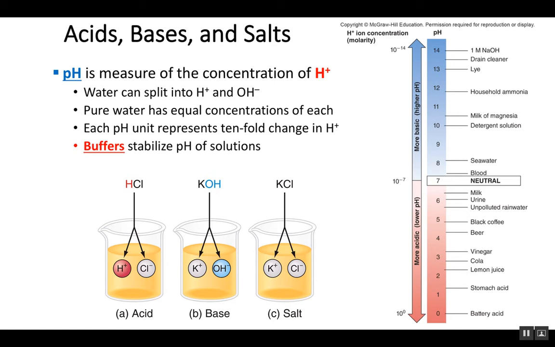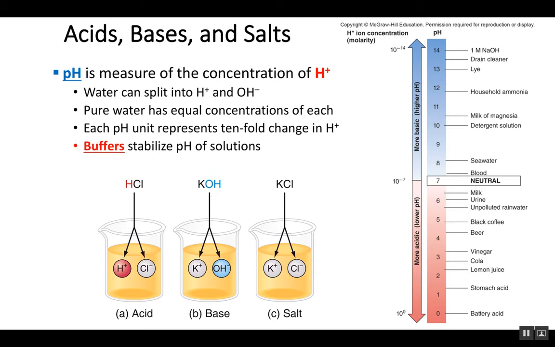If you recall, I mentioned in a previous lecture that hydrogen has two subatomic particles, an electron and a proton. In order to form H+, that hydrogen atom must have lost its electron. So another name for H+ is a proton.